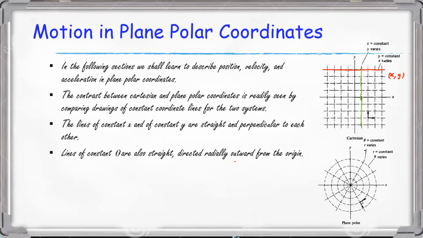In that case r varies, and this is also a straight line, radially outward from the origin. All the theta equal to a constant lines pass through the origin and go radially outward from the origin.